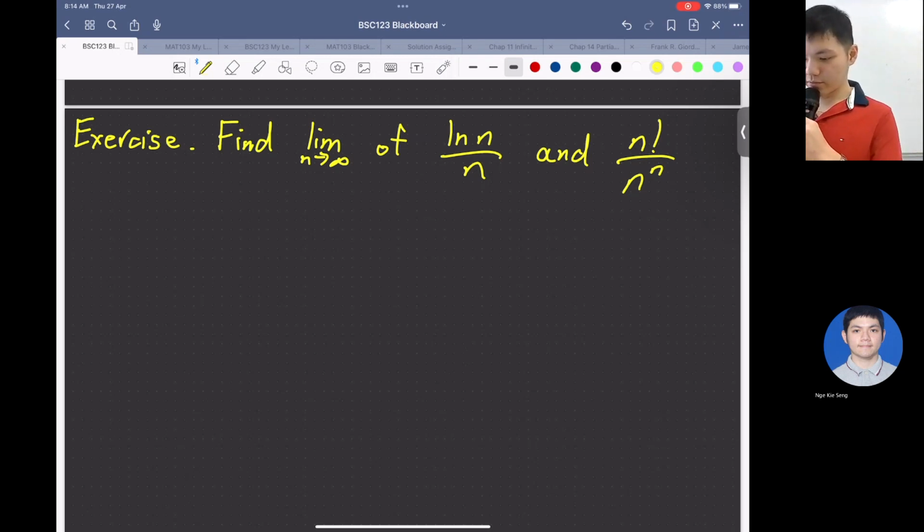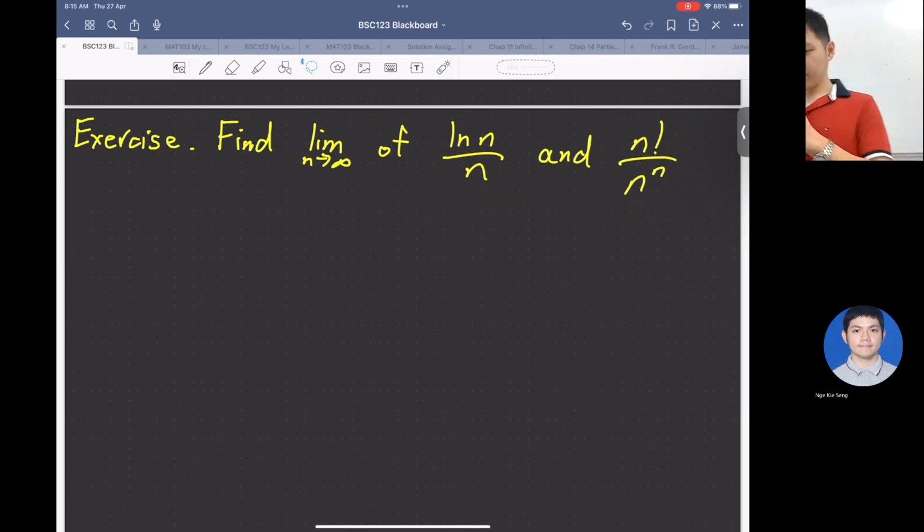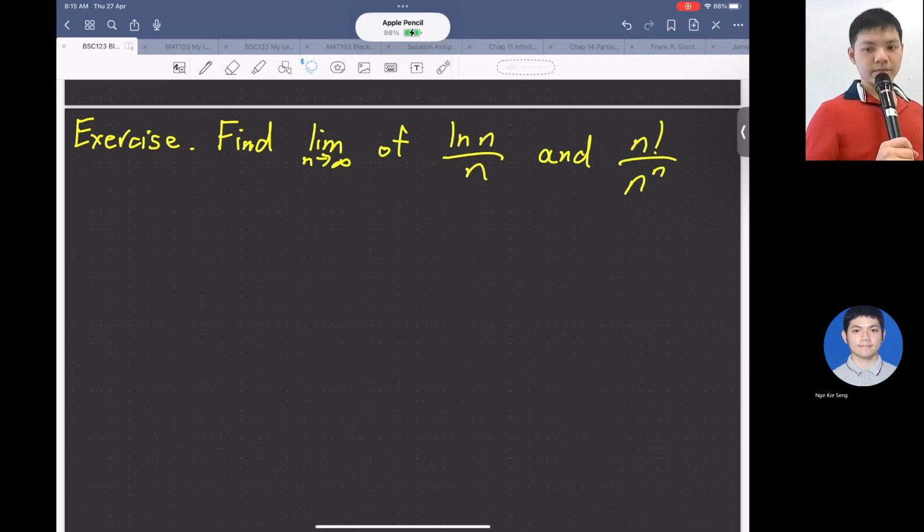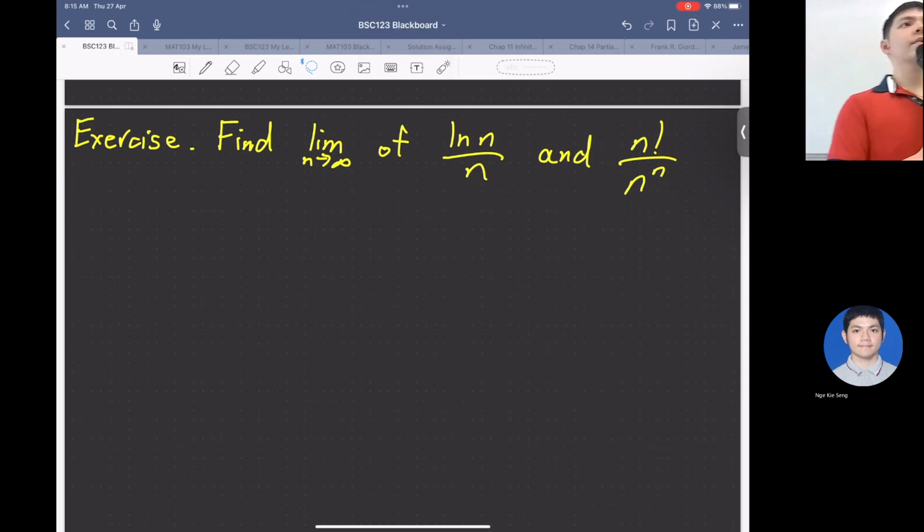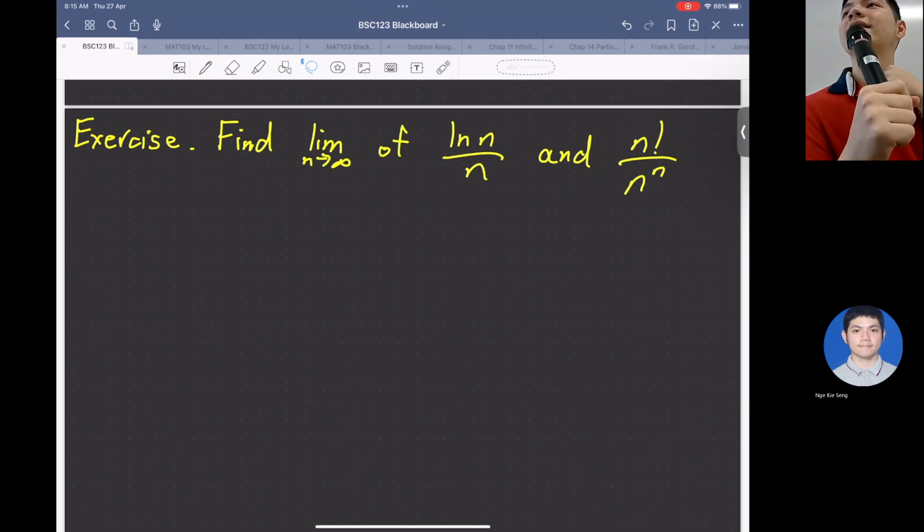Find the limit of these two. You can discuss with your friend if you want.